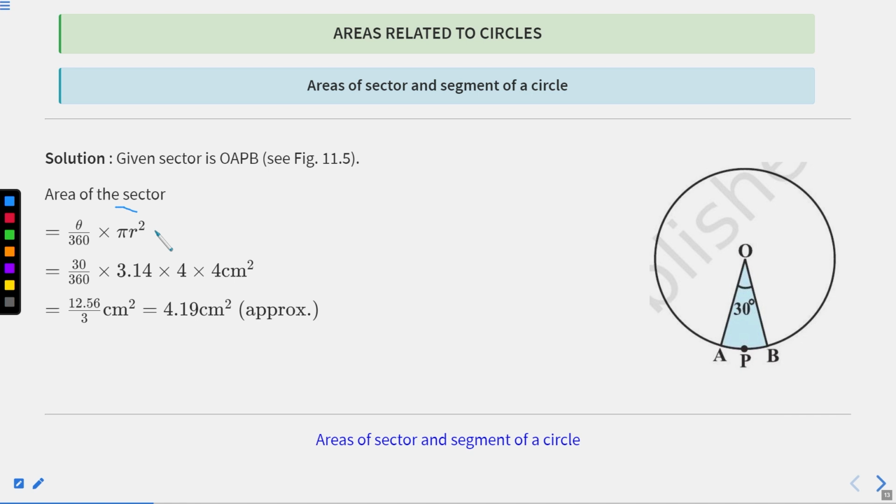Putting the values of theta and r, this is equal to 30 by 360 into pi into 4 into 4 centimeter square. This is equal to 12.56 by 3 centimeter square, which is approximately 4.19 centimeter square. This is not the exact value, it is an approximate value of the area of the sector. Therefore the area of the sector is 4.19 centimeter square.